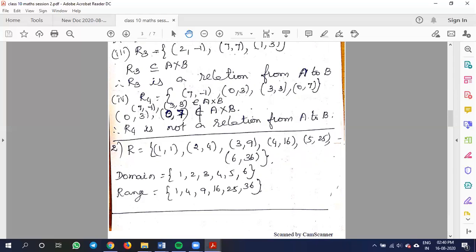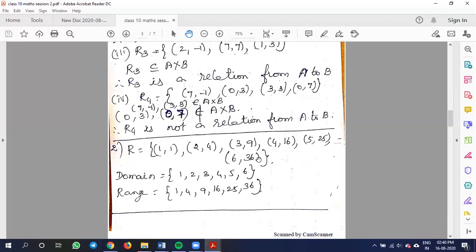In the ordered pair you have 1, 1. What is the square of 1? 1. Take 2. What is the square of 2? 4. 3: the square of 3 is 9. 4: the square of 4 is 16. Next number 5: the square of 5 is 25. Next number 6: the square of 6 is 36.